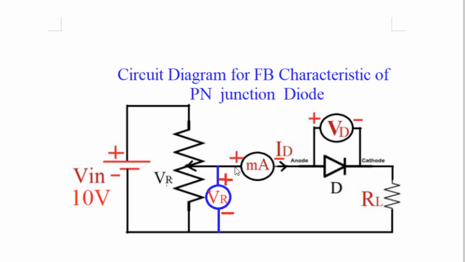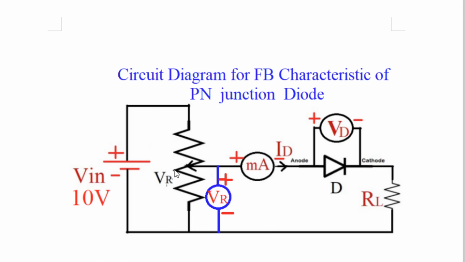This milliampere current meter is in series with the diode. Therefore, whatever current is flowing through the diode is measured by this current meter. Now, when you change the wiper or variable terminal of this variable resistor, the voltage at this point is changed, and that's why it is called a variable voltage source.